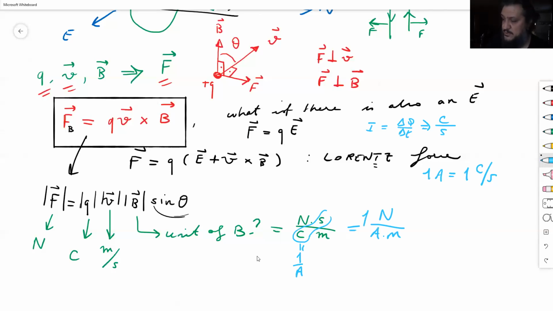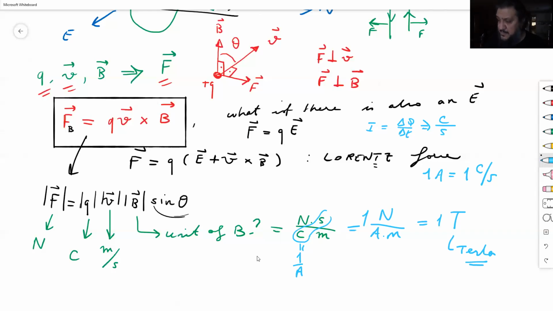So 1 Newton per amp meter is what we're going to call from now on 1 Tesla. Okay, the unit for magnetic field in standard units where we have meters, kilograms, seconds, and amps. 1 Tesla is equal to 1 Newton per amp per meter.